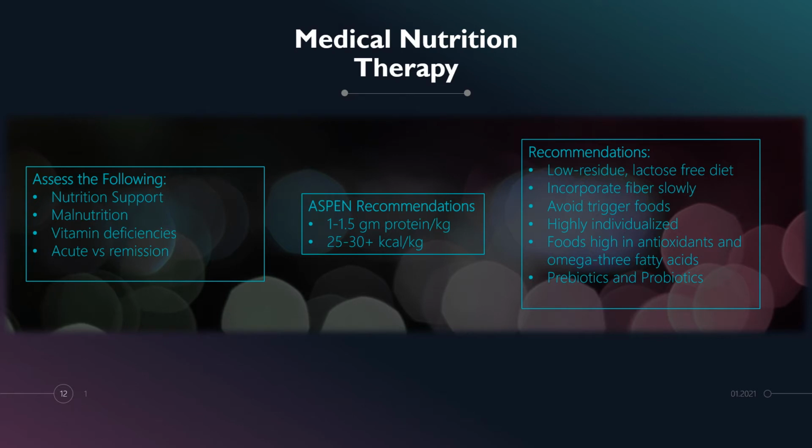So if they're in the acute stage, which means they're experiencing a flare-up, their energy needs are likely going to be increased, and their protein needs are also going to be increased. And as I've said, this is likely due to some of the symptoms that are presented in Crohn's disease, so things like diarrhea and abdominal pain that increase gut motility and decrease the digestion and absorption.